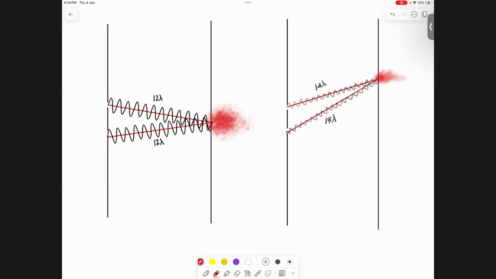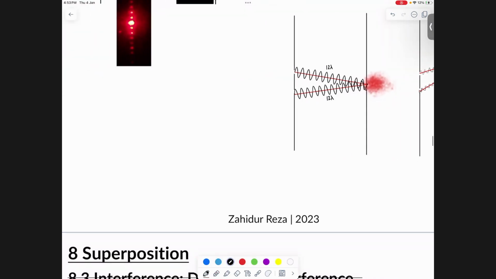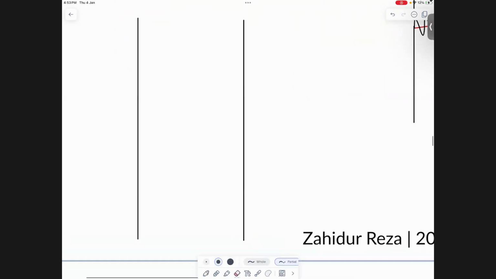So if I have a diagram where there's a 7th maxima, what does that mean? Yeah, so how many extra waves go from here compared to there? 7. Do you understand the thing? Okay, but that's not always the case. Why do I say that? There can be a scenario where this happens, which is you have the two gaps, right? And the waves are traveling through the gaps.